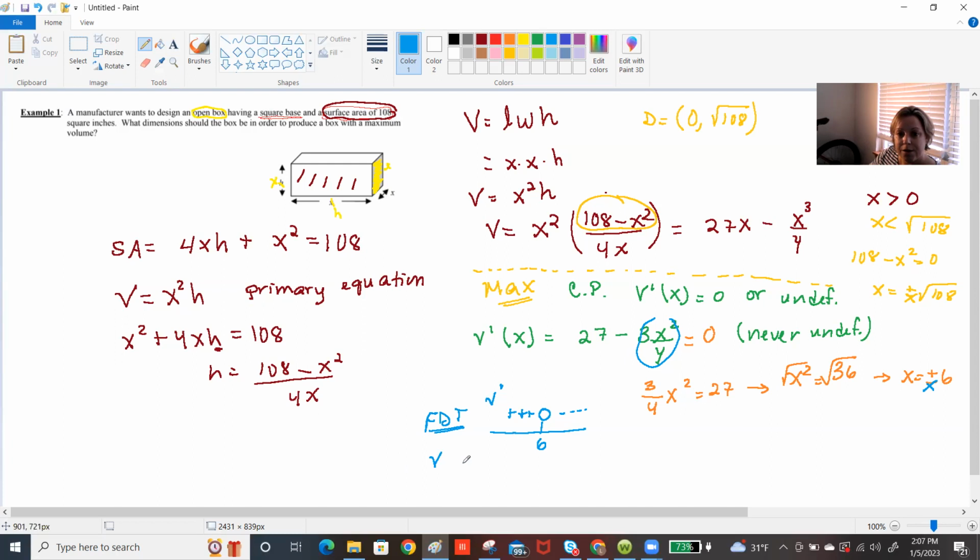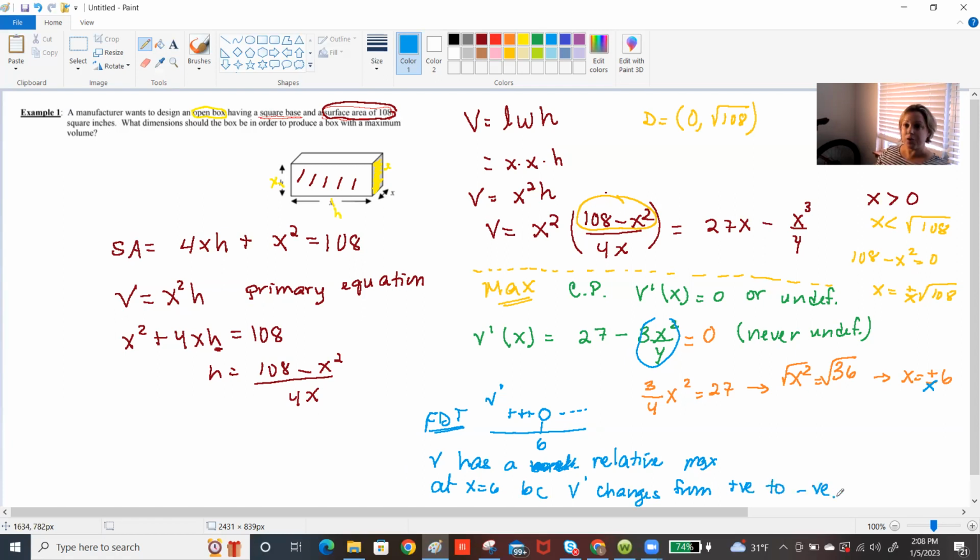So V has a relative maximum at x equals 6 because V prime changes from positive to negative, by the first derivative test.